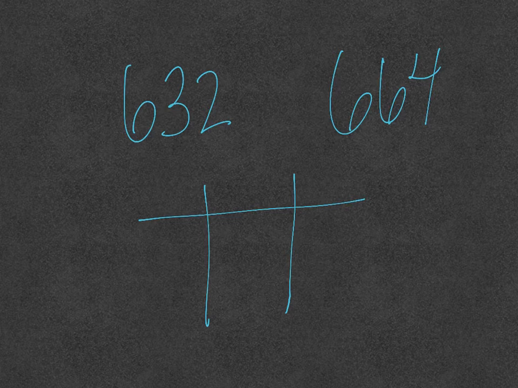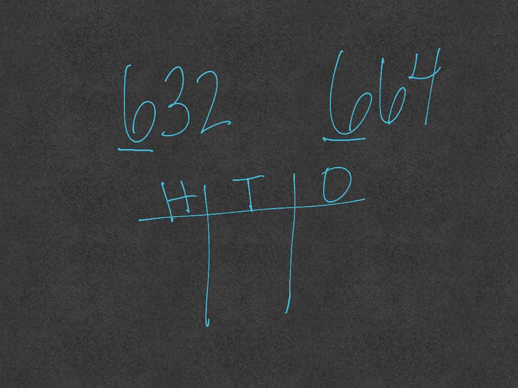So first thing I'm going to do, like I did with the last one, is look at my first place, my hundreds place. Now I have a 6 in my first number, so it's worth 600. And I have a 6 in my second number, so it's worth 600.